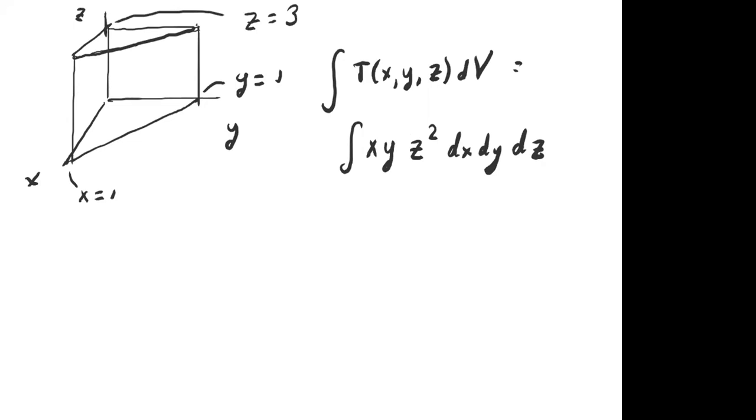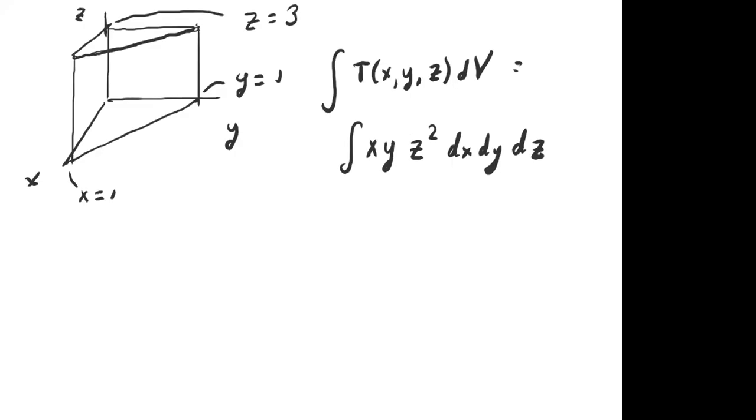So this problem is a little trickier to do than an ordinary three-dimensional integral. The reason why it's trickier is you have to realize that x and y, these two variables, are not independent. So you have to be careful.